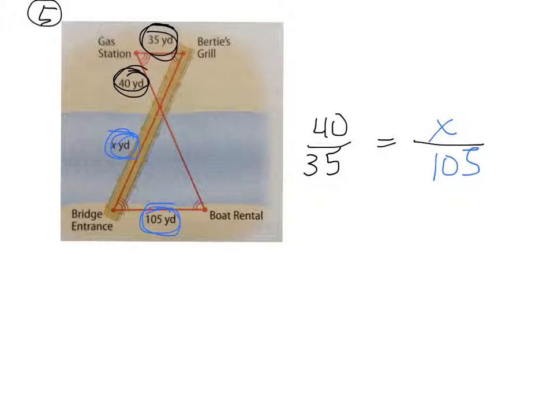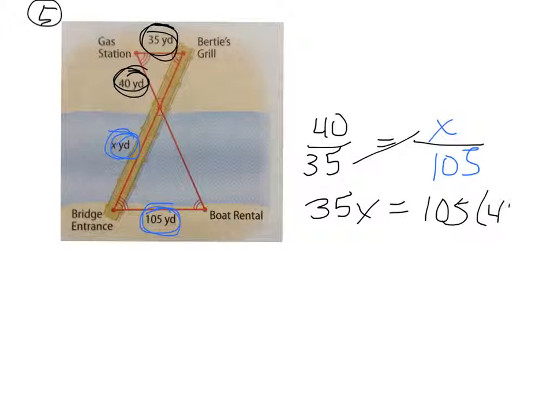Now we're going to do our cross multiply and divide. So let's set that up. 35x equals 105 times 40. I have no idea what that is, although I bet I can figure it out. 105 times 40 is 4,200.